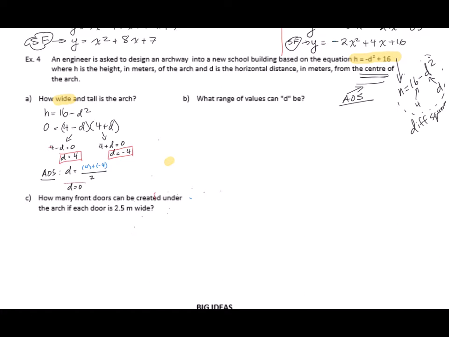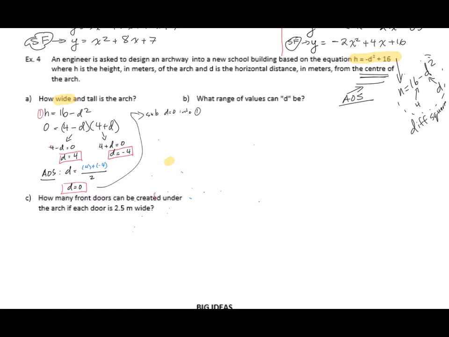Now, don't we normally take our axis of symmetry and back substitute into our original? Let's call this equation number 1 up here. So we're going to sub d equals 0 into equation number 1 there.